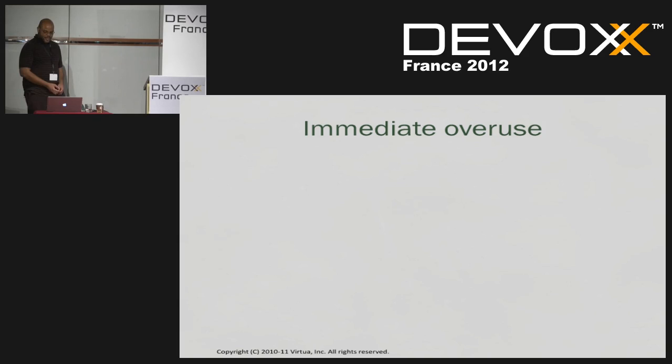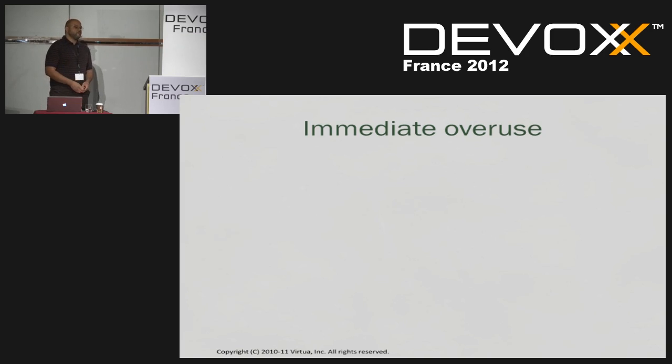So another anti-pattern is immediate overuse. This is basically where you have a page, let's say you're using Ajax or something, and you're using the immediate attribute on different input controls. The immediate attribute is a special feature in JSF that basically says that for any given component, the apply request values and the different phases, including invoke application, etc., occur before the normal validation and conversion.